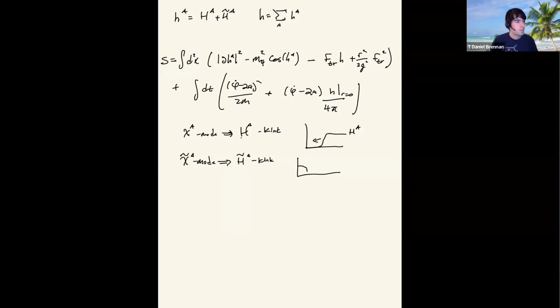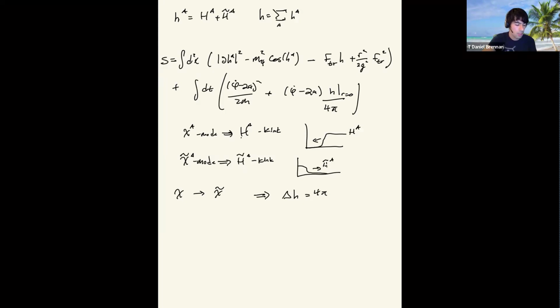So what you find is that if you do the scattering, chi goes to chi tilde, that corresponds to an H kink reflecting off the wall into an H tilde kink. And what that does is it corresponds to a winding shift of H, which is given by 4π.